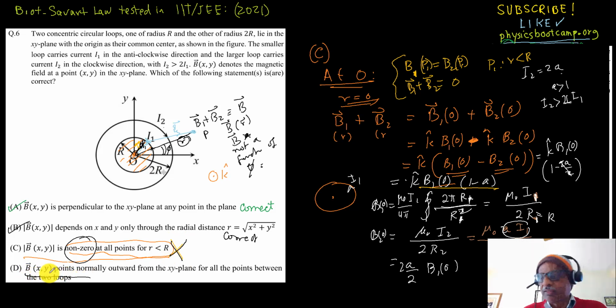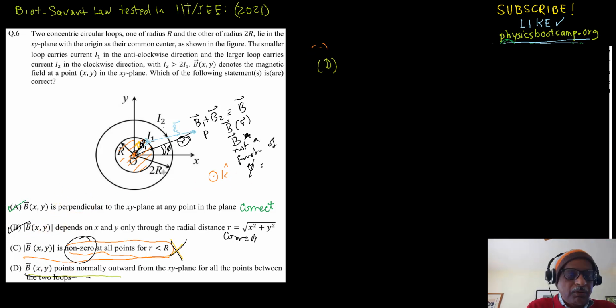Now for the D, let me erase that and come to the D. For D, we have between the two loops, at some point here.